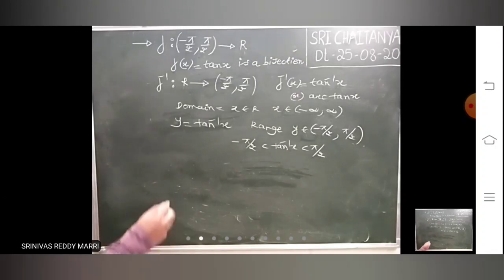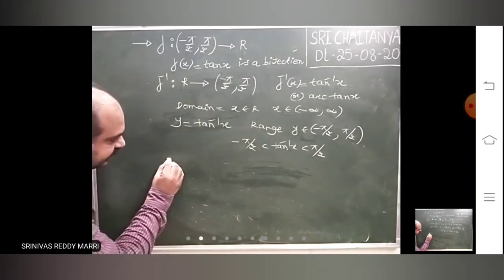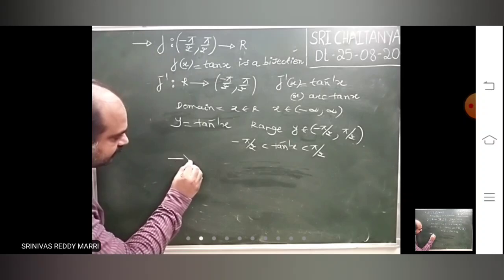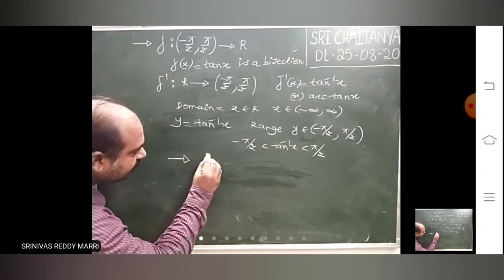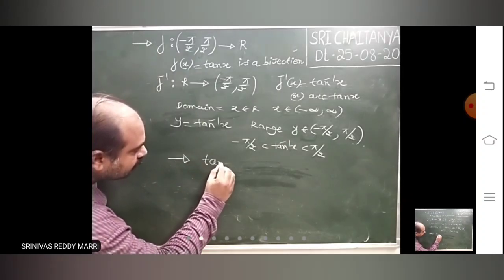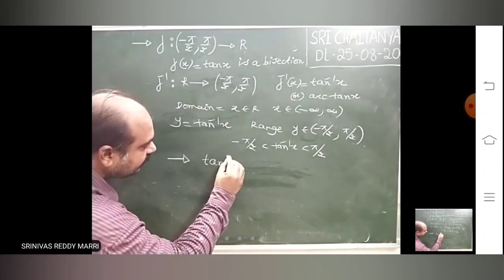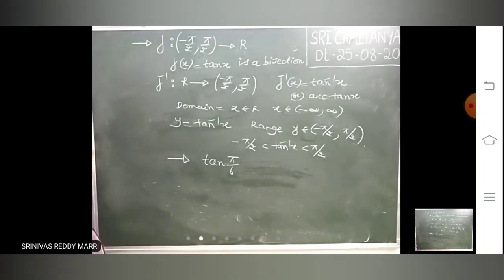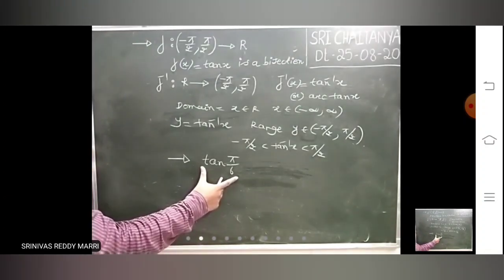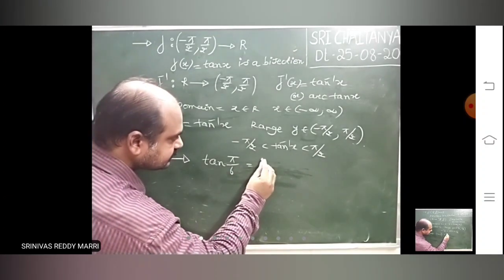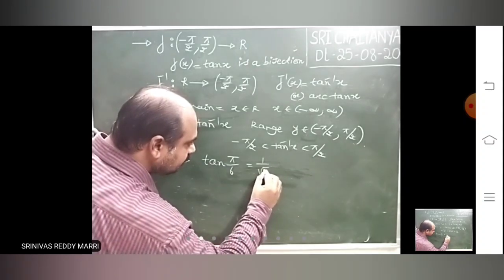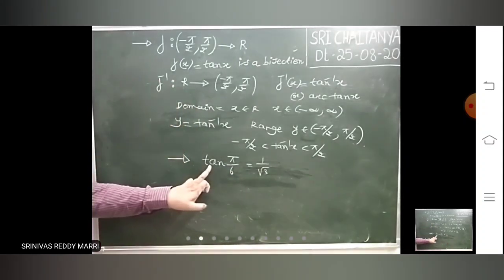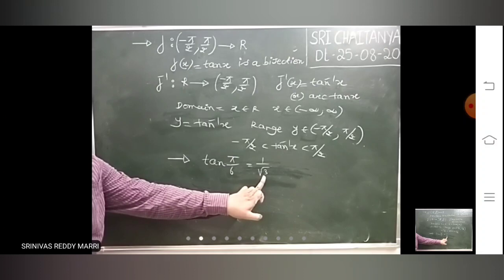Suppose we have to calculate, take an example: tan pi by 6. Tan pi by 6 is 1 by root 3.